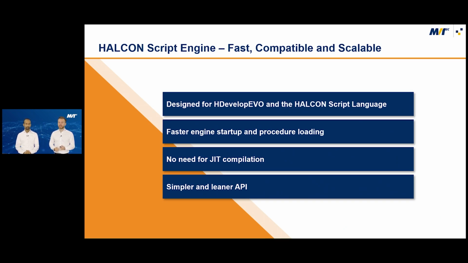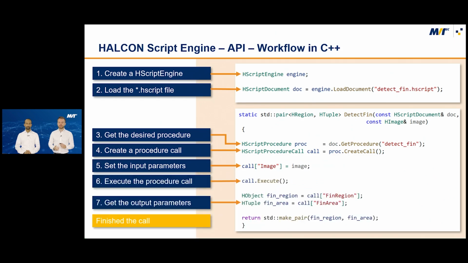And here we have one example on the following slide of what the workflow for C++ looks like. For all those who are using HDev engine, moving to HScript engine is very easy. The workflow just remains the same and there are no new operators or functions. In fact, the API has been simplified much more.